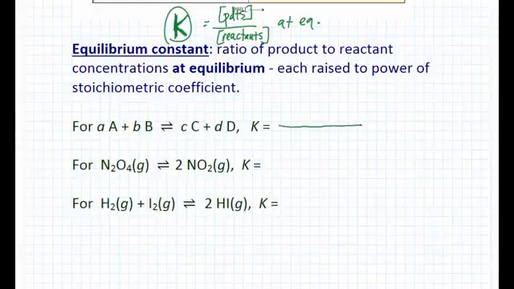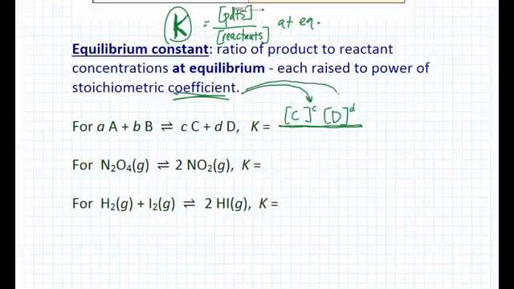The equilibrium constant is a fraction. What's going to be on top? Concentrations of products. So I've got C and D, and those are raised to their coefficients, and on the bottom A to the little a, B to the little b.